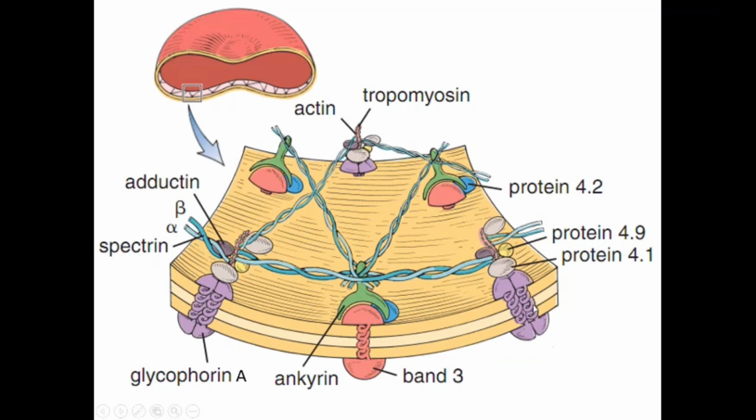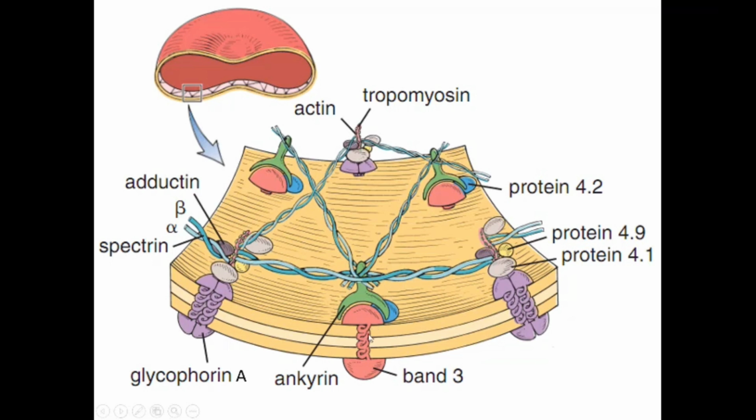For example, we know the red blood cell membrane has about 50% protein, 40% lipid, and 10% carbohydrate. And the proteins in a red blood cell membrane are of two kinds, transmembrane proteins or integral proteins and peripheral proteins.